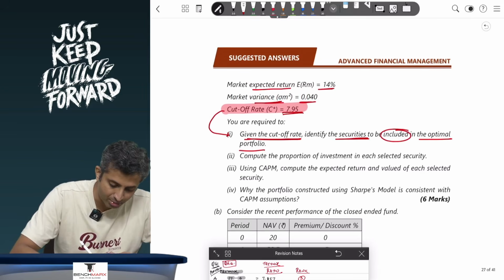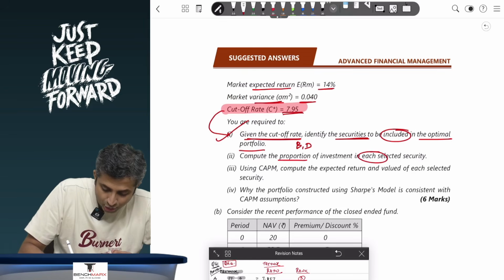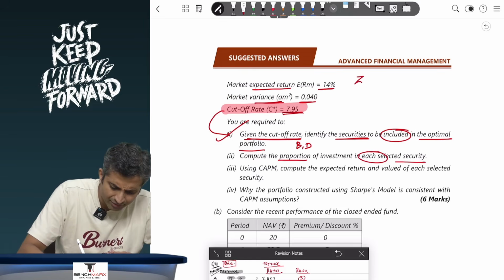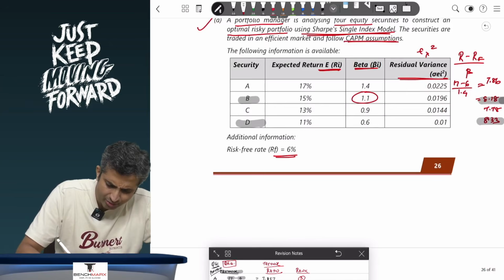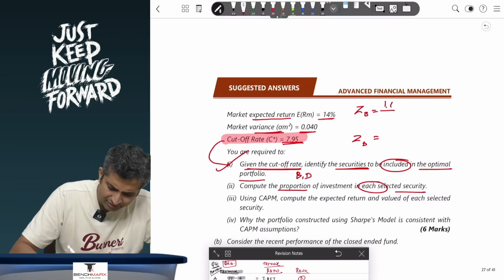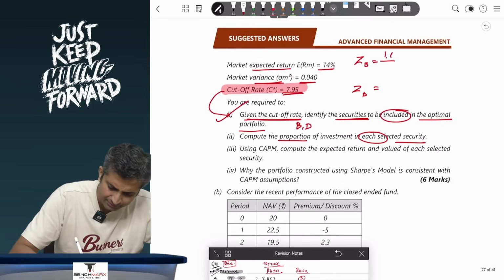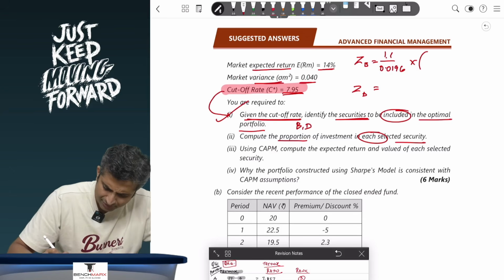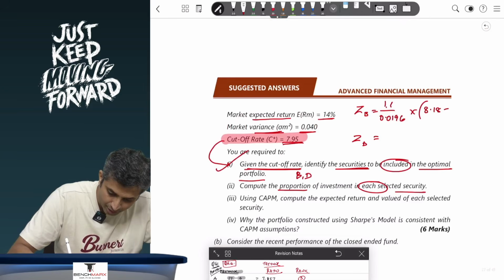If you can see, point number 1, the securities B and D should be selected. Compute the proportion of the investment in each security. Now over here, there was this formula of Z of B that you will have to calculate, then Z of D. For B, it is the beta of 1.1 upon the unsystematic risk, which is 0.0196, into the reward to risk ratio of B, which you have calculated at 8.18, minus the final cutoff point, which is 7.95.